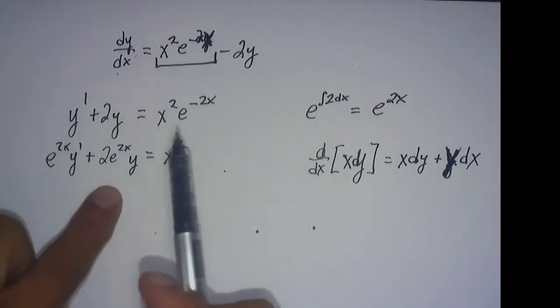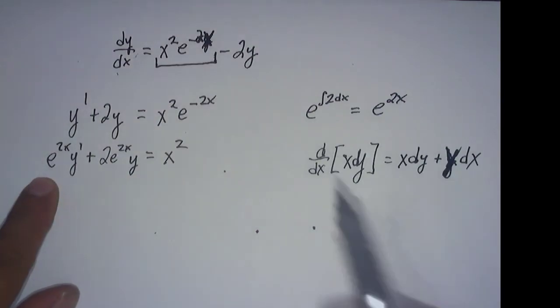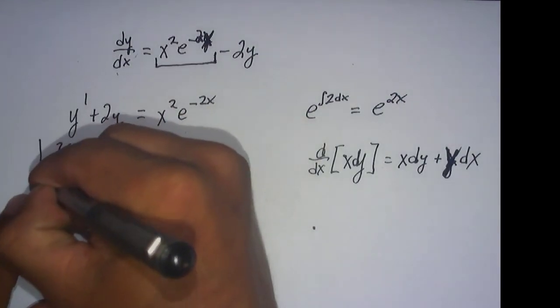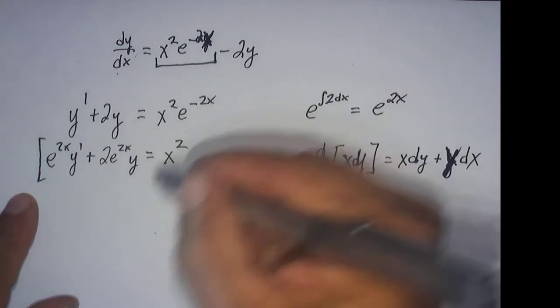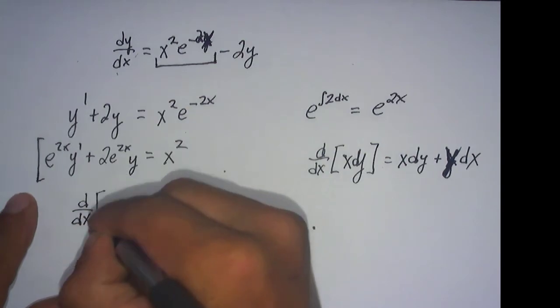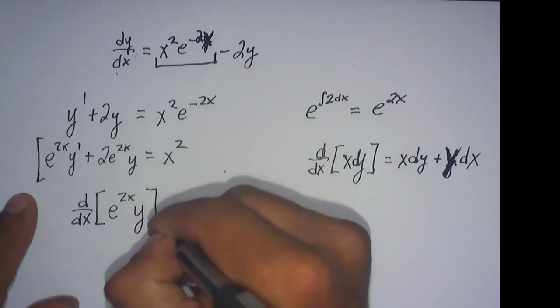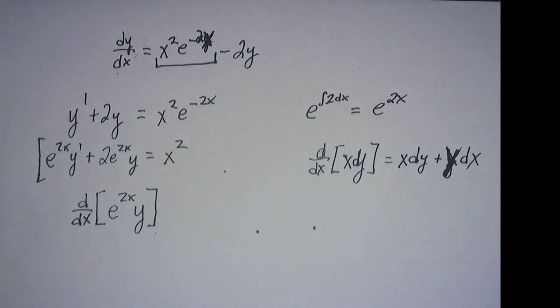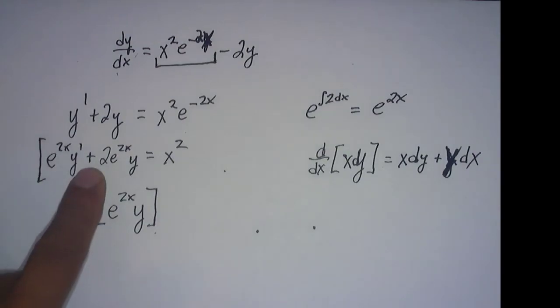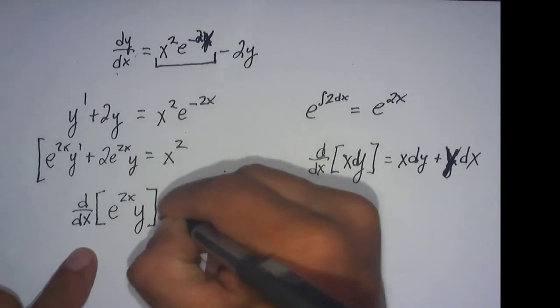So the first here is y, and the second is e to the 2x. So what this is, and you can check this on your own to believe yourself, is the derivative of e to the 2x y. I didn't do anything to this yet. I haven't changed it. These are the same. And that is equal to x squared.